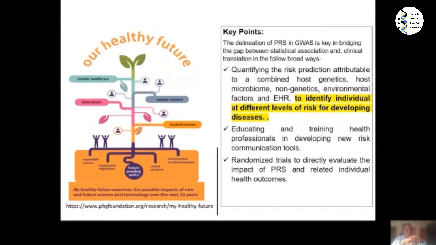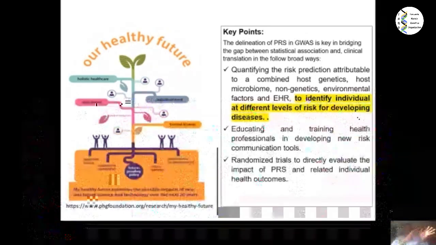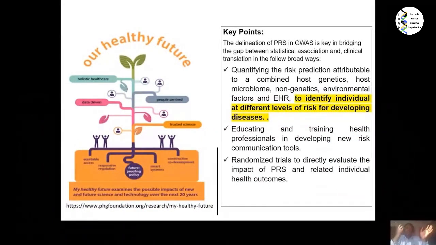So we need to find a consensus approach that can leverage multiple PRS tools to produce a consensus risk from different approaches. We also need to improve education and training of health professionals in developing new risk communication tools, and to consider randomized trials to directly evaluate the impact of polygenic risk scores on individual health outcomes.